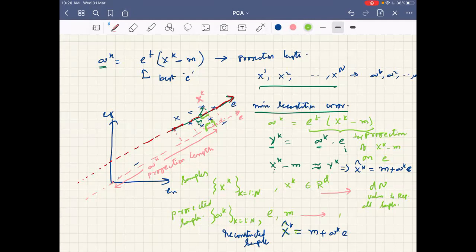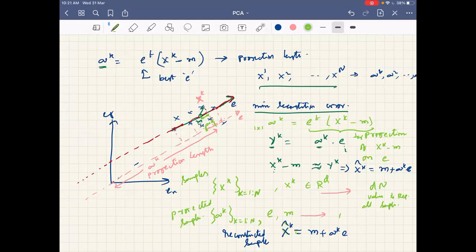Sir, ak is of size capital N. Yeah, ak is of what dimension? ak is one dimension. Very good. I am taking a dot product between the direction of projection and xk minus m, so it is 1 cross 1.